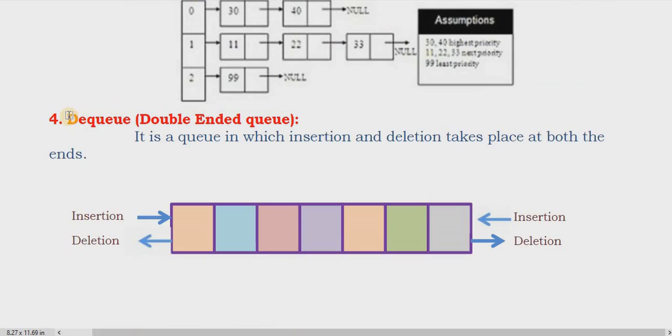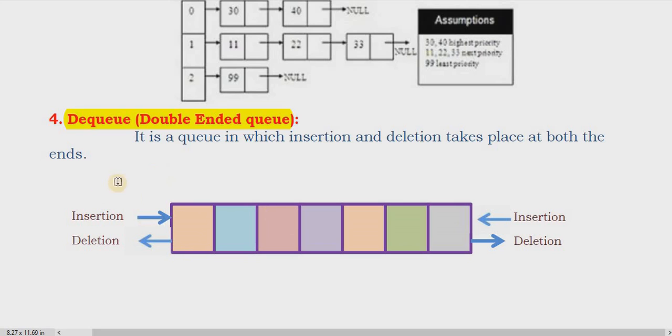Next is DQ, the double-ended queue. A DQ is a type of queue in which insertion and deletion take place at both ends. Meaning in a DQ we can add or remove data from the same end.